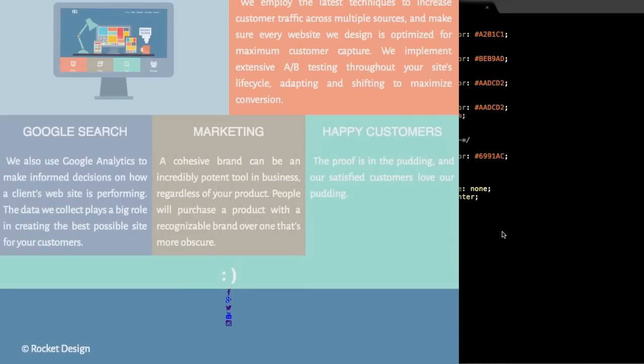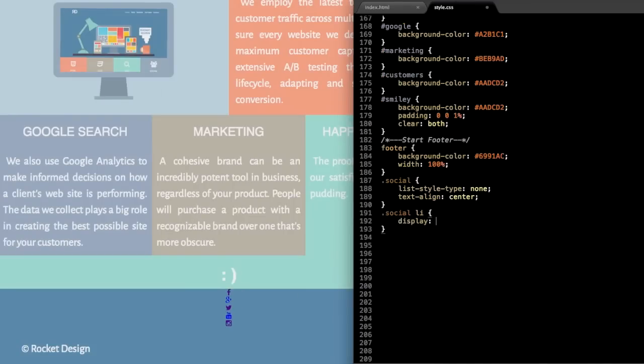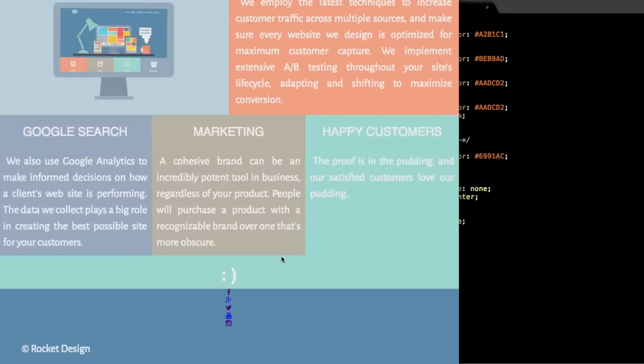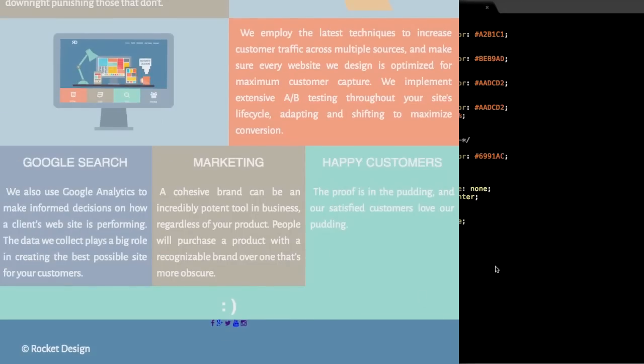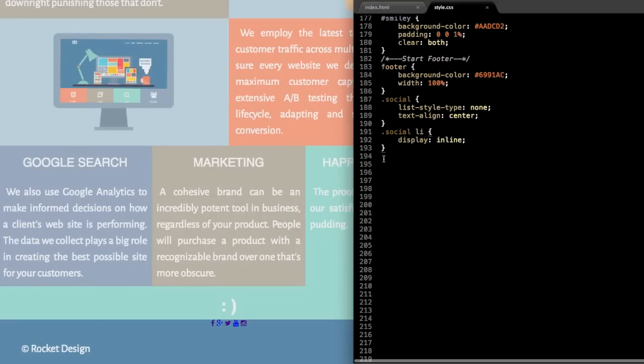So now they're centered, but we want them to be next to one another, so just write display inline, and now if we refresh, there they are lined up nicely like our navigation.